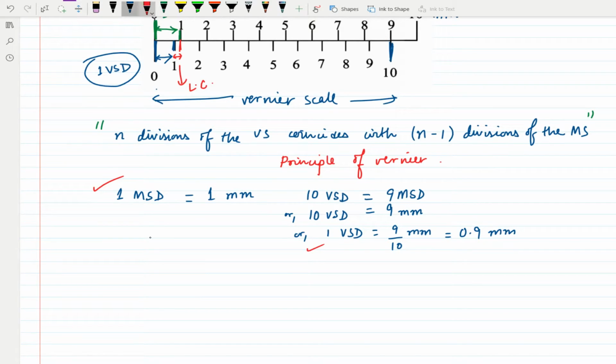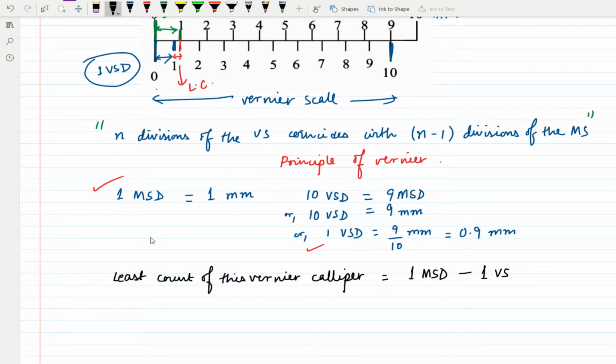So as you can see in the diagram, we know that the least count of this vernier caliper is equal to the value of one main scale division minus the value of one vernier scale division, and that is equal to 1 millimeter minus 0.9 millimeter, and that gives us 0.1 millimeter, and if we convert it into centimeter it becomes 0.01 centimeter.